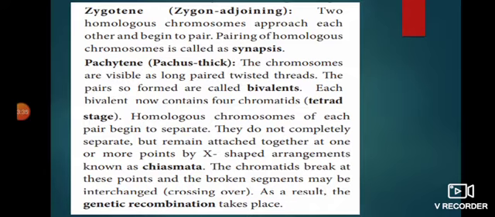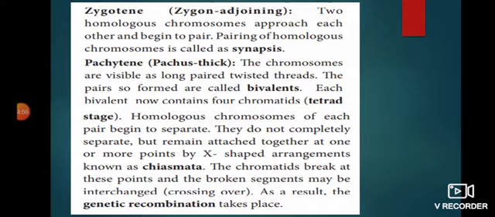Homologous chromosomes of each pair begin to separate. They do not completely separate but remain attached together at one or more points by X-shaped arrangements known as chiasma or chiasmata. The chromatids break at these points and the broken segments may be interchanged.